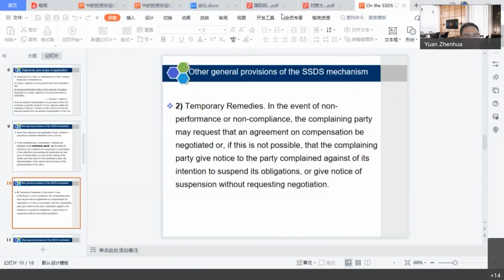Okay, and it implies that the state-state dispute mechanism is focusing on maintaining the balance of rights and obligations of the parties, rather than focusing on the protection of the interests of individual investors.